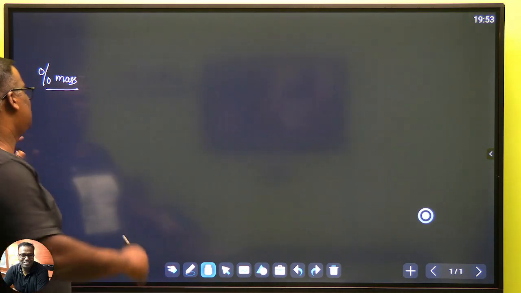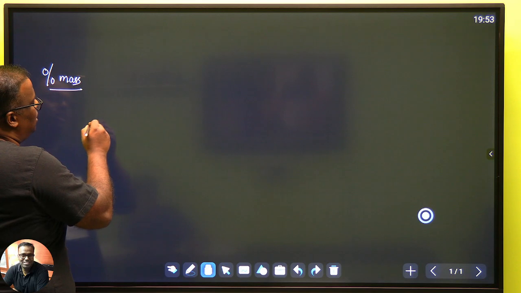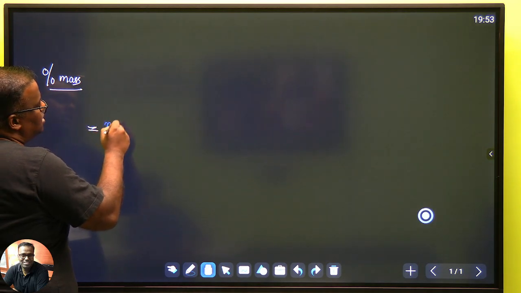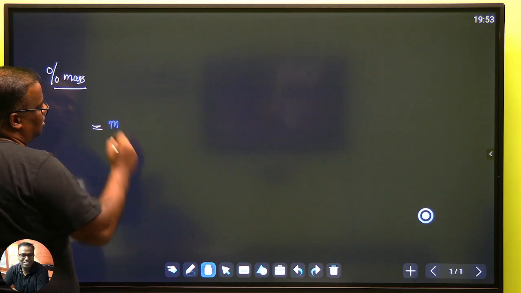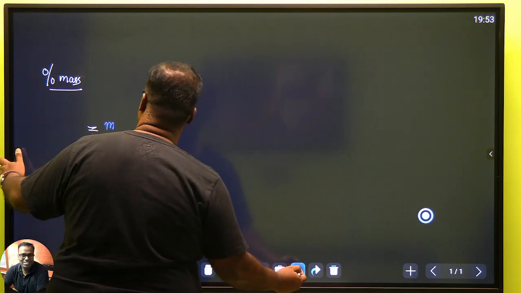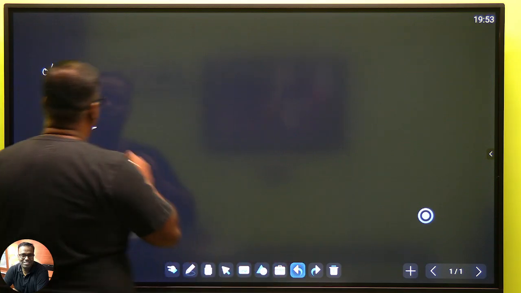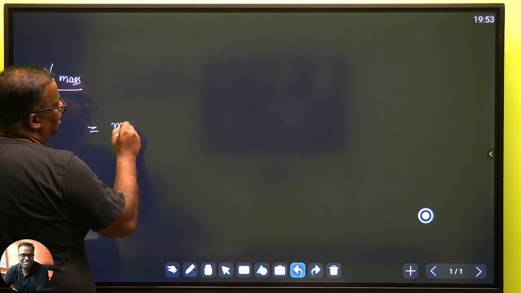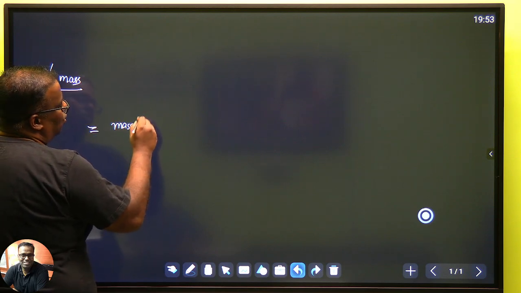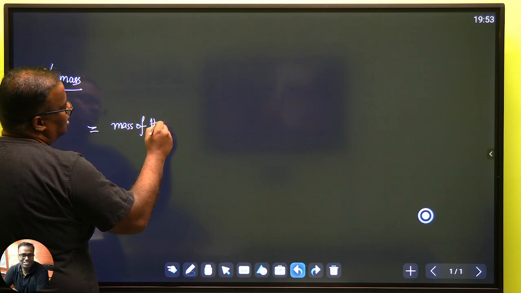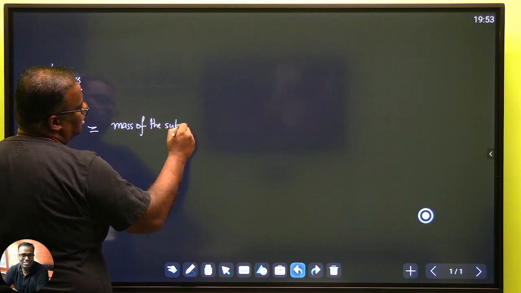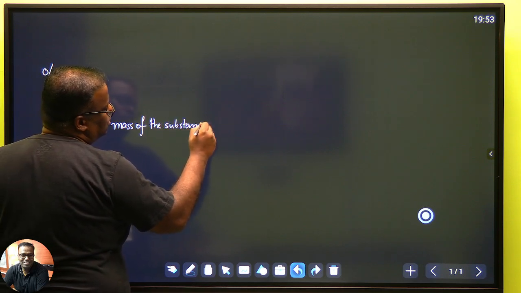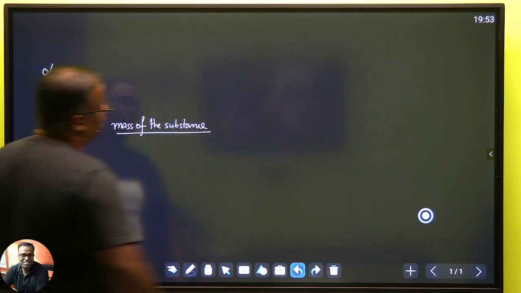सो परसेंटेज मास का अगर हम फॉर्मूला देखें तो इट विल बी mass of the substance. Substance means what you are interested in, bacha.